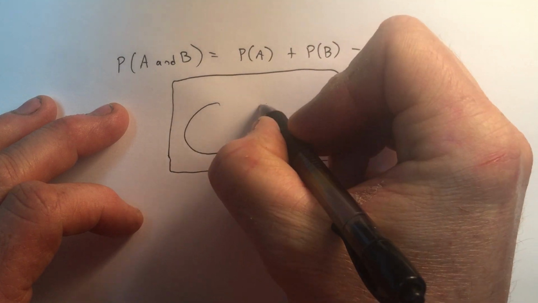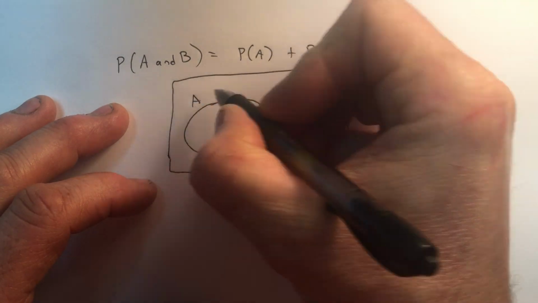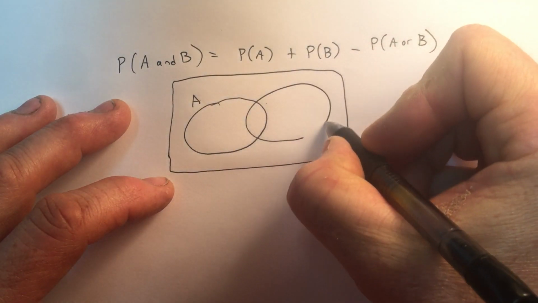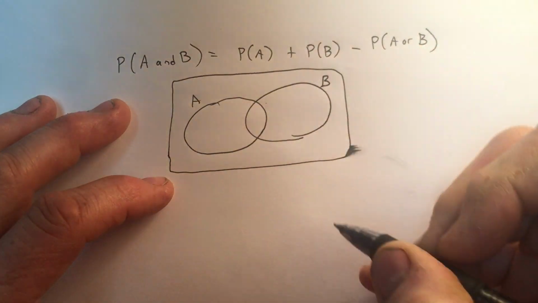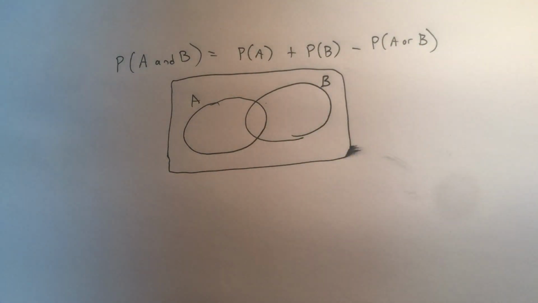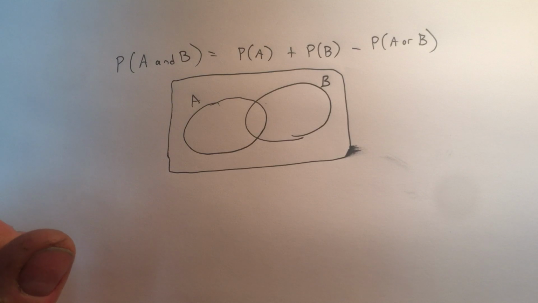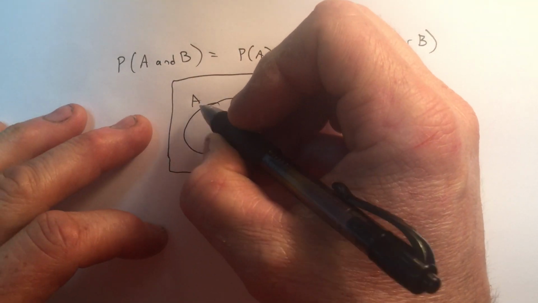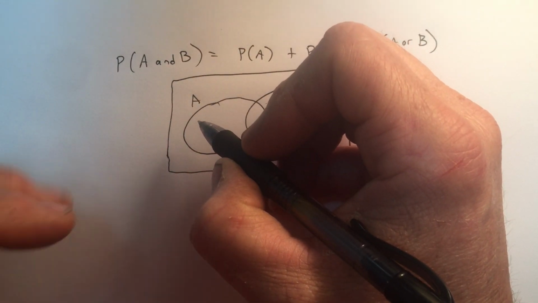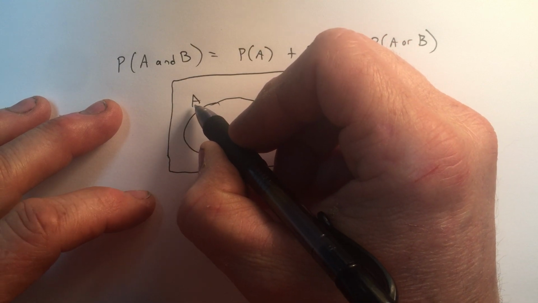And in this Venn diagram, this represents A happening, and this represents B happening. Now, maybe what we could say is A could be the probability that someone you choose at random is a woman.